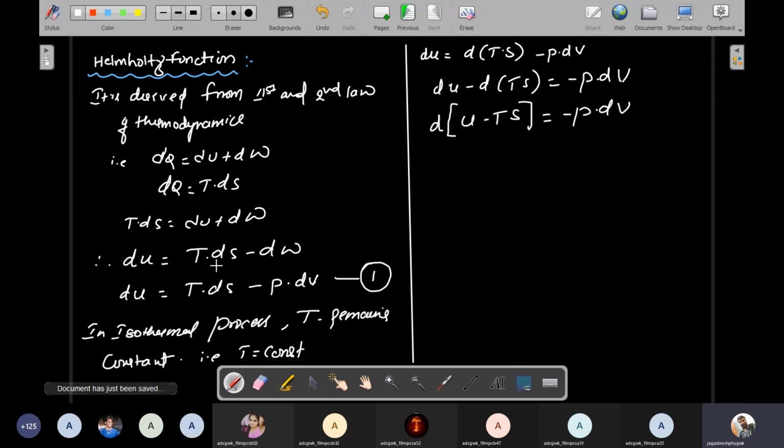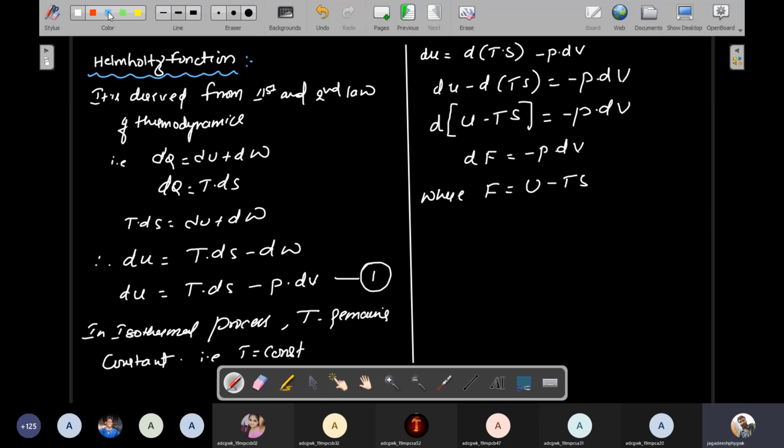So we will write this term as dF is equal to minus p dot dv, where F is equal to u minus ts. This is very important.